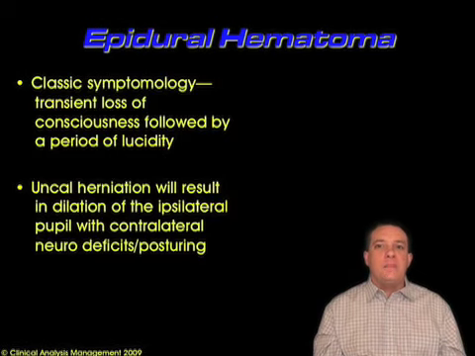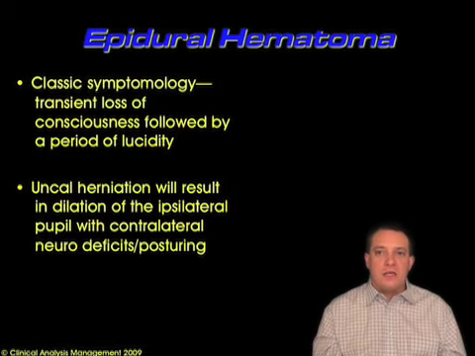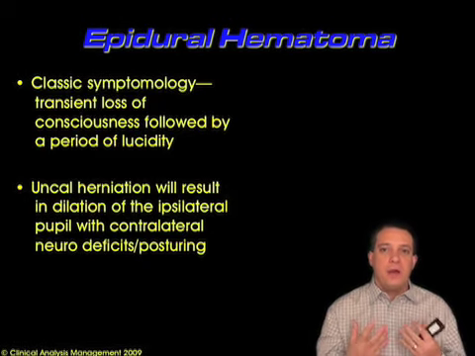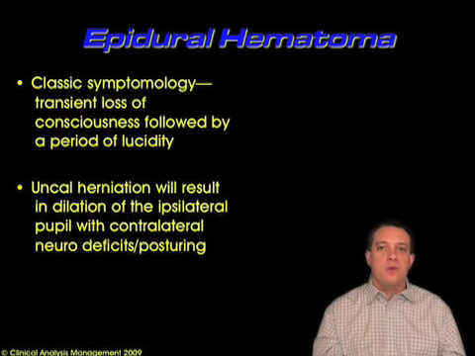Okay, now when we talk about epidural bleeds, it's worth just mentioning real quick the classic presentation. Remember, with an epidural bleed, the classic way that these people present is they take a shot to the head that knocks them out. They're out cold. After they're out cold for a period of time, they wake up and they have a phase where some level of consciousness returns, and it can be all the way back up to alert and oriented times 4.